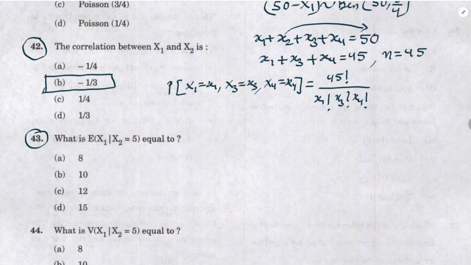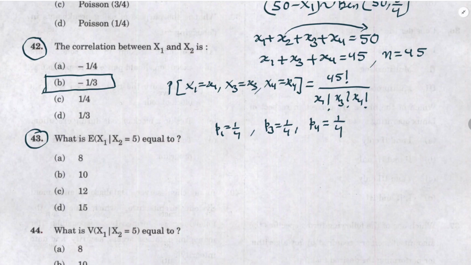Now the probability for x1 is p1, which is 1 by 4. The probability for x3 is p3, which is also 1 by 4. The probability p4 is 1 by 4.